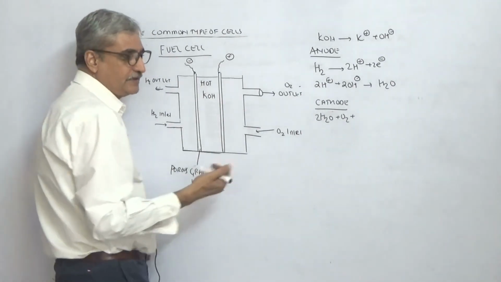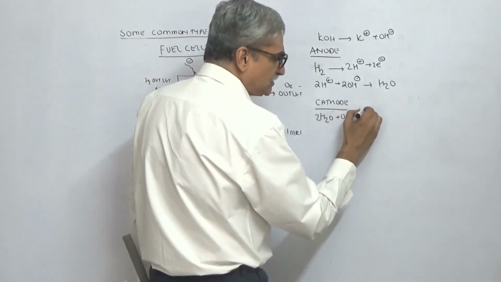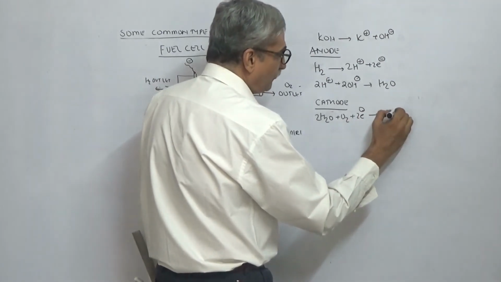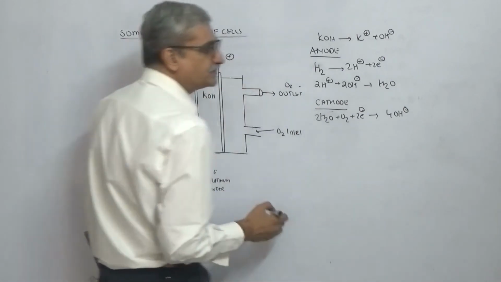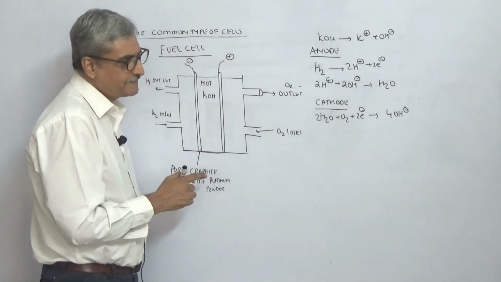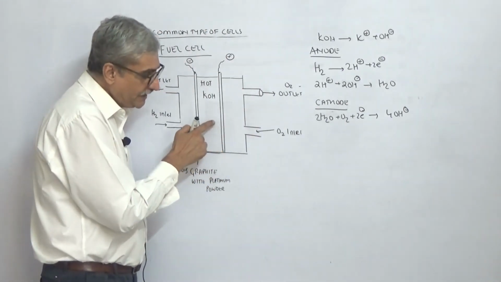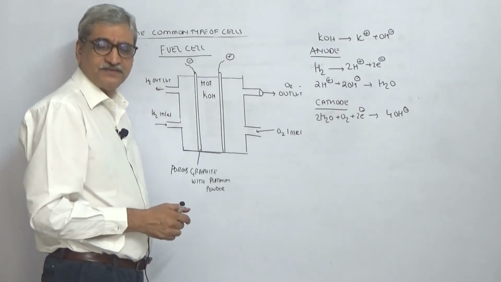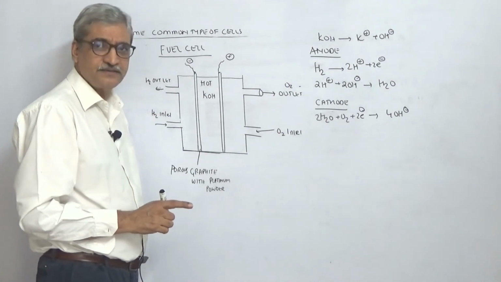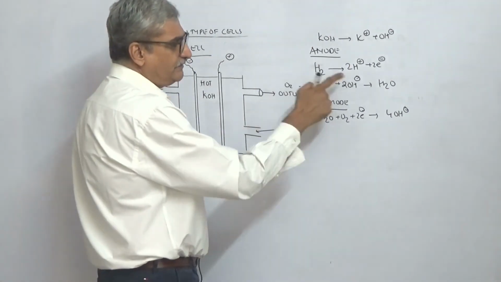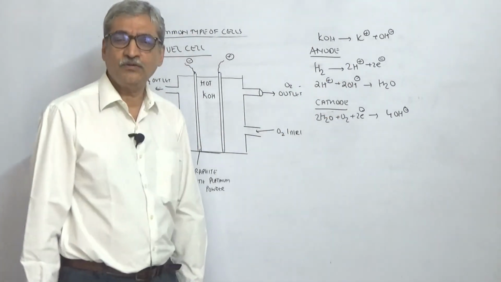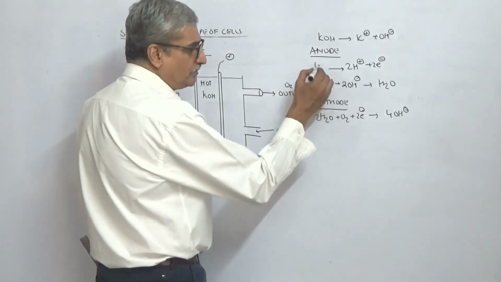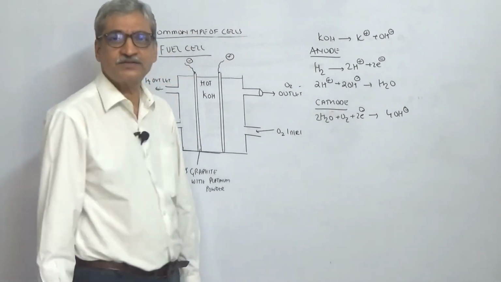So what is it going to form? It's going to form 4OH minus. So the H2O is again getting converted into OH minus. In the net reaction, H2 combines with OH minus to form water. So the net reaction will be H2 plus O2 forms H2O.